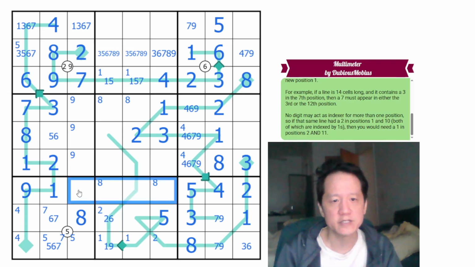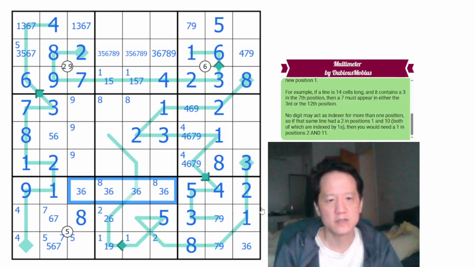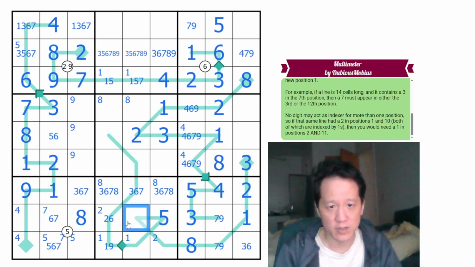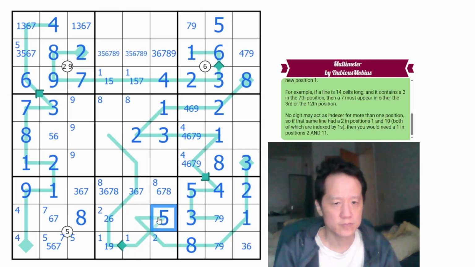The remaining digits here, in row 7, have to be 3, 6, 7, 8. Not 9. 3, 6, 7, 8. And this can't be 8. This can't be 8. Again, this can't be 3. The 3 could index its... Okay, this can't be 3, so therefore this is 6.